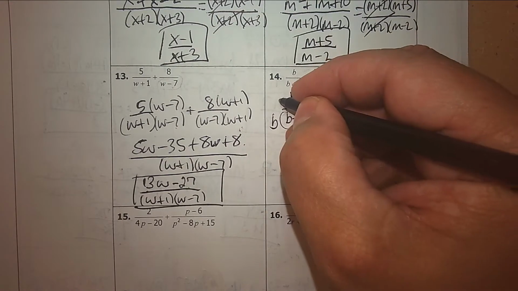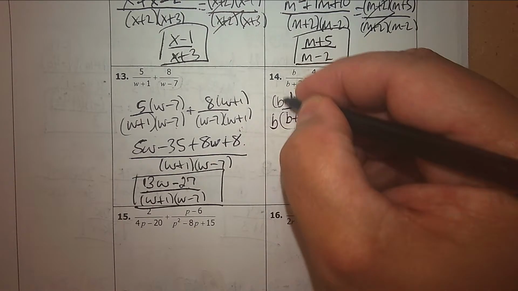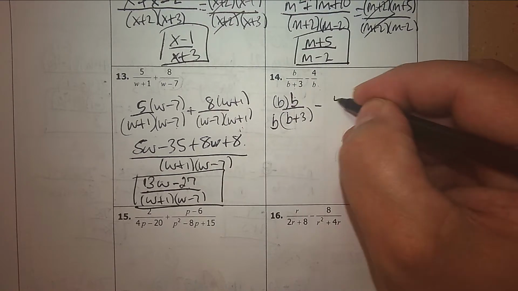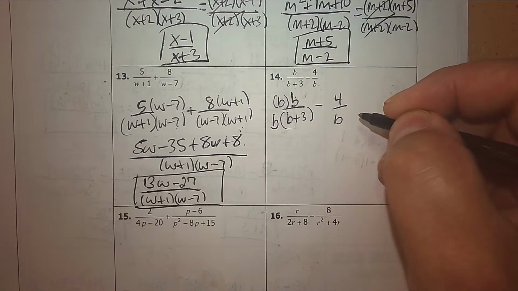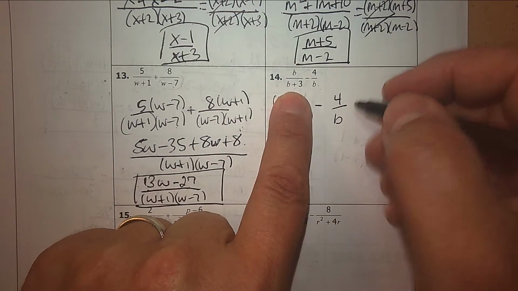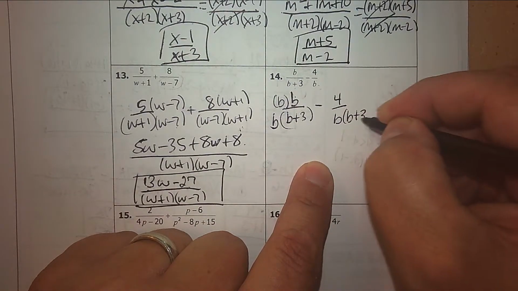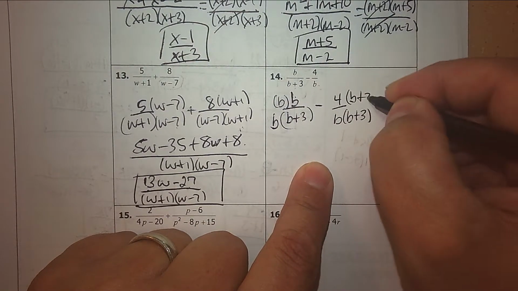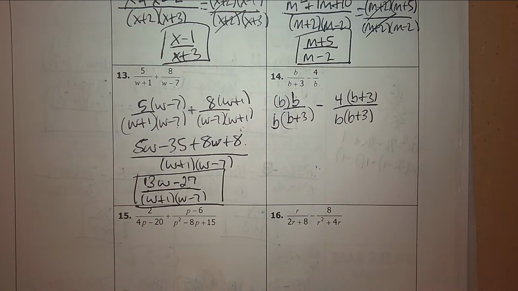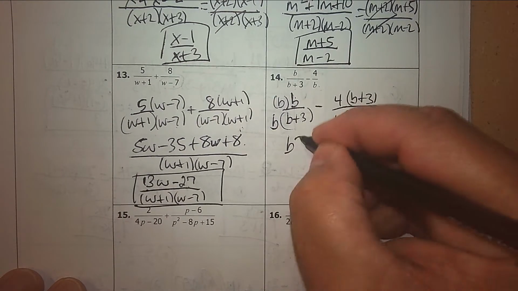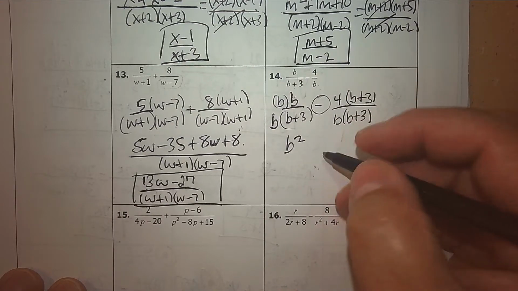So multiply top and bottom times b. So again, for the second fraction, what's the other denominator I'm going to use? b plus 3. Now look at it. Are the denominators now the same? Can you distribute? Be really careful of that subtract sign.